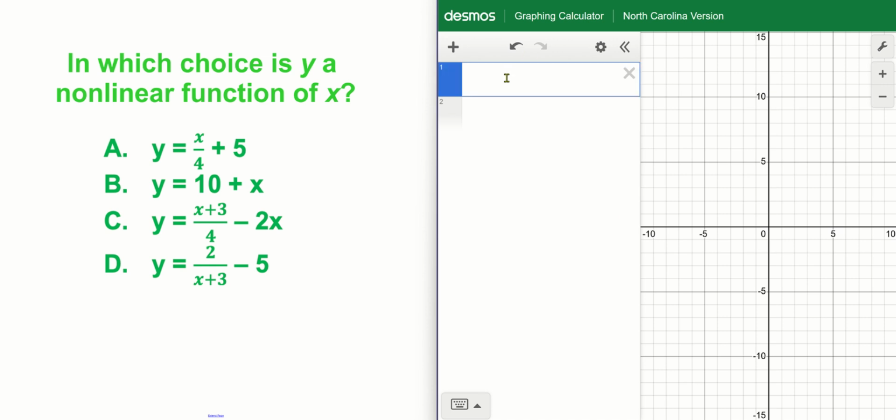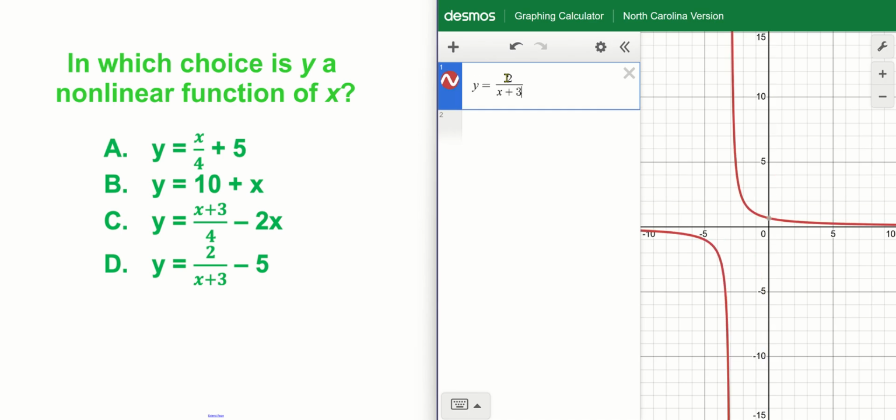I'm not going to type in all of them, but we got y equals 2 over x plus 3 minus 5.